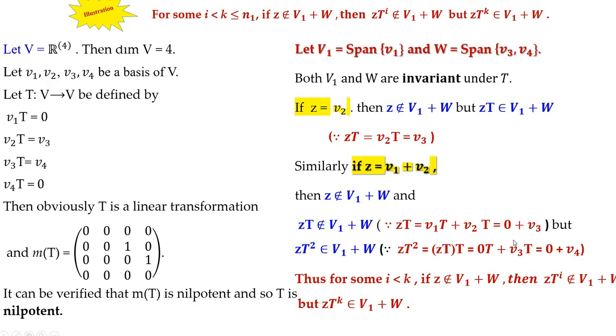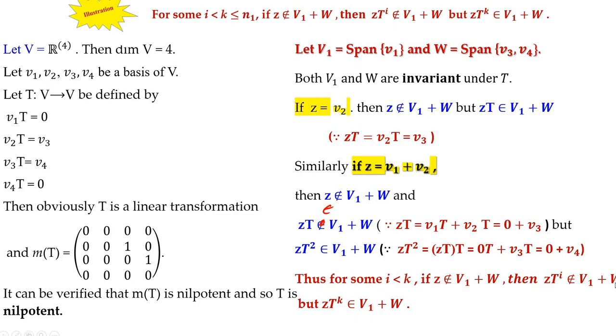Z when you consider as V1 plus V2, ZT is V1T plus V2T, V1T is 0, V2T is V3, and V3 is present here. And is it the same for T square? Naturally, that is also a member of V1 plus W. So for some I less than K, Z does not belong to V1 plus W.